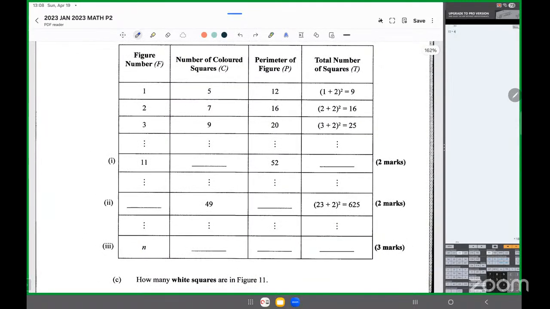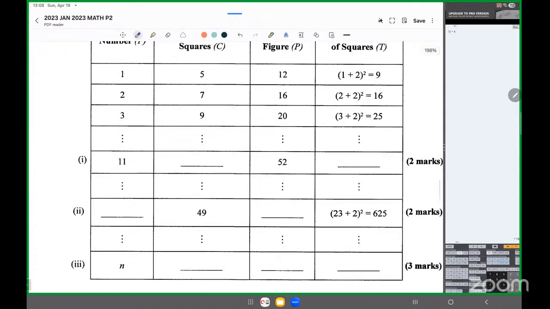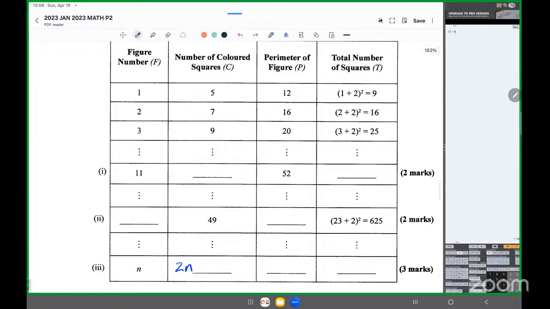This is clearly going up by 2, plus 2, plus 2. Because they're going up by 2, the formula starts with 2n. The first figure is 5. 2 times 1 is 2. So if I add 3 to get the formula for that, it's 2n plus 3.